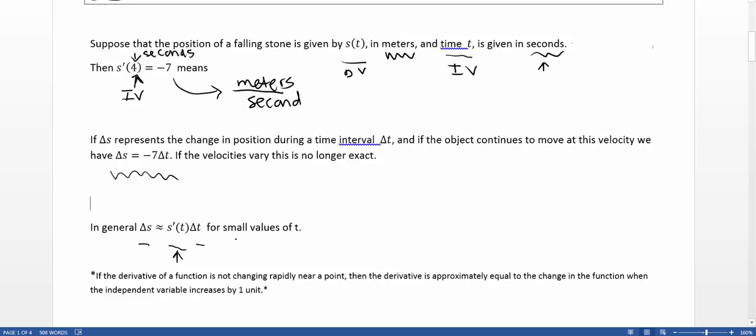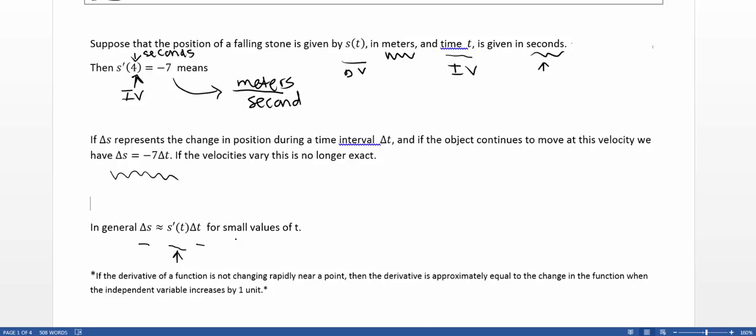Now, what we're trying to understand is that for a small change in time, if we multiply it by the rate at which we're falling, it will help us understand the change in position, or how much it changes. We're going to use this idea later on to be able to predict what's happening at different points on a function.